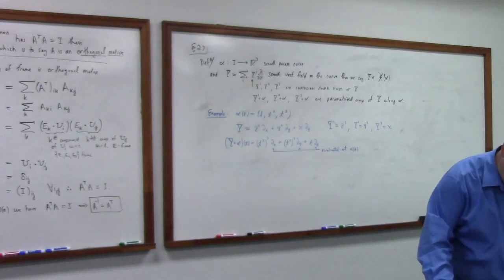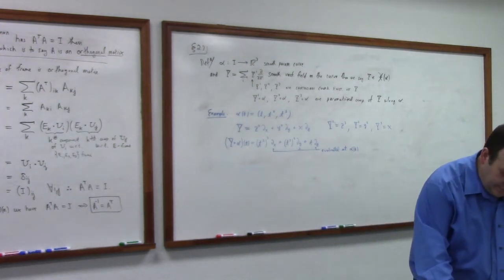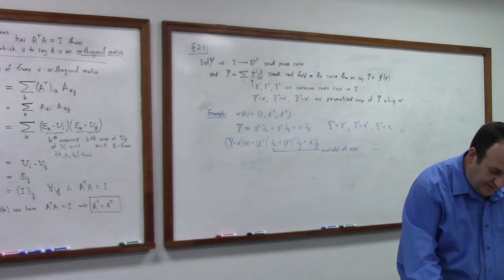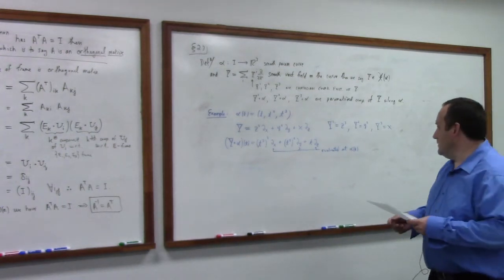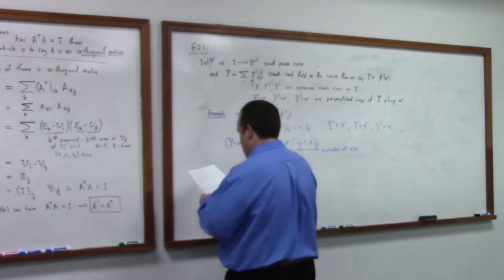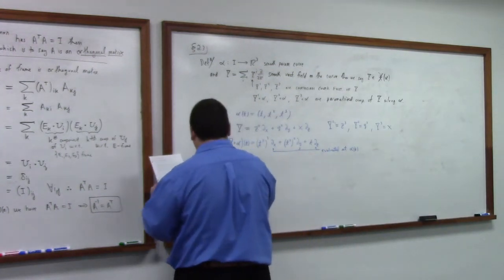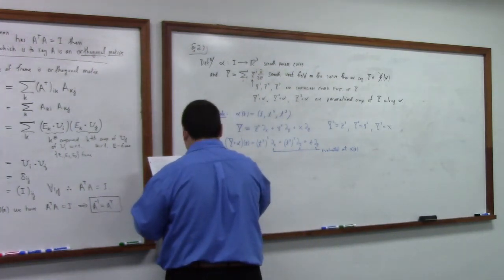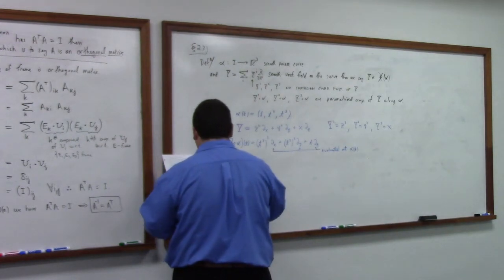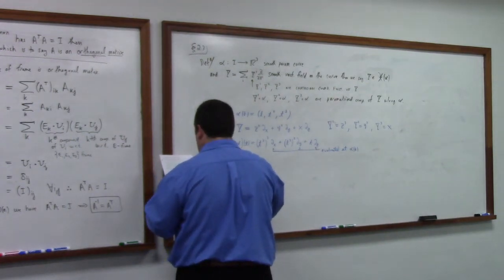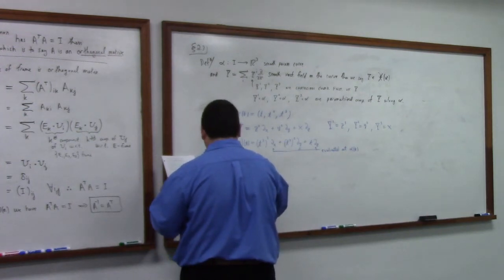Now we can define the change in a vector field along a parametrized curve. Let alpha be as above.